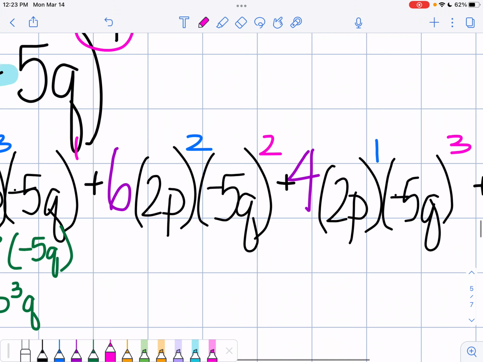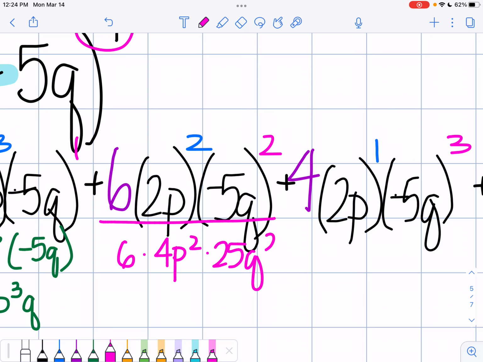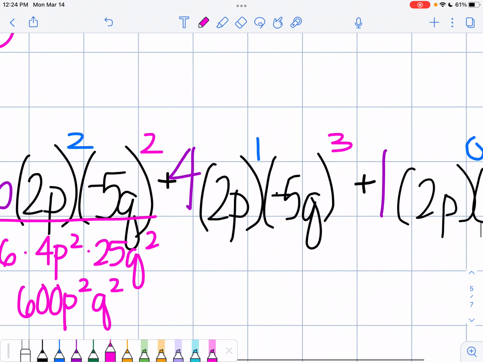Okay, next. Here I have a 6. 2p squared is going to give me a 4p squared, and negative 5q squared is going to give me a positive 25q squared. So I multiply all this together. 6 times 4 times 25 gives me 600. So I'm at 600p squared q squared.